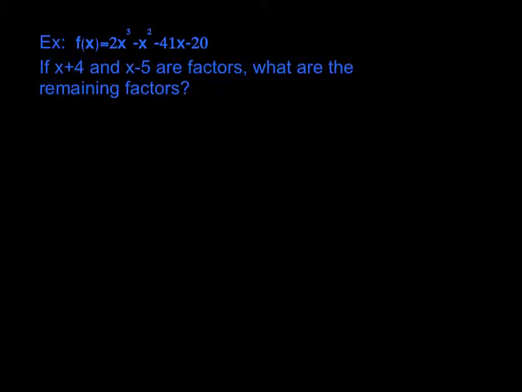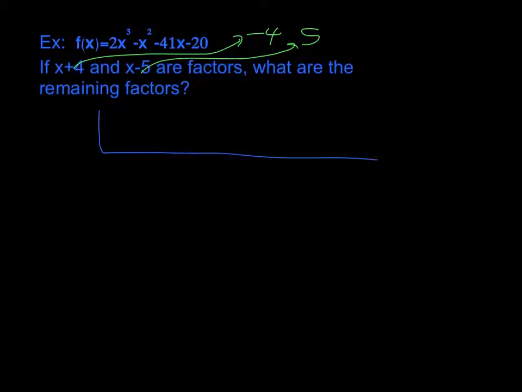I'm already telling you that negative 4 and positive 5 are the two that I need to try. So I'm going to use synthetic division: 2, negative 1, negative 41, negative 20.